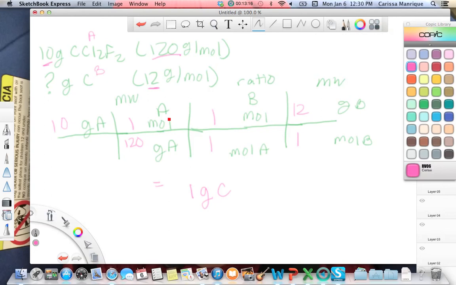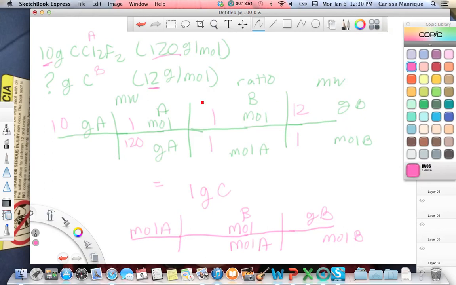Then you just leave out this part right here, because it's grams of A. We don't need grams of A. We're just starting with moles of A. So our shell then would become mole A, mole B, mole A, gram B, mole B. Just like we did up here.